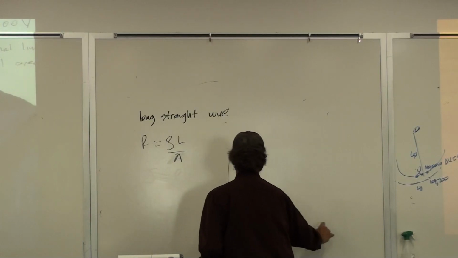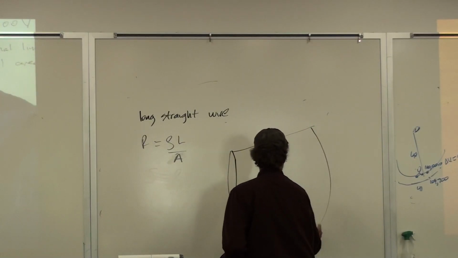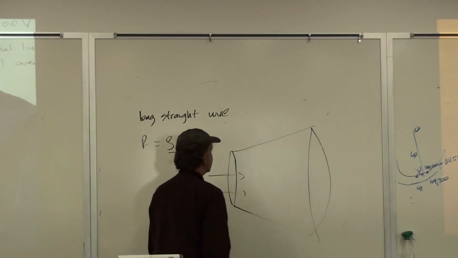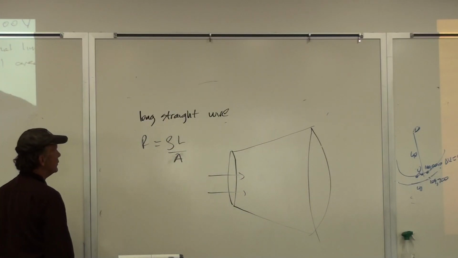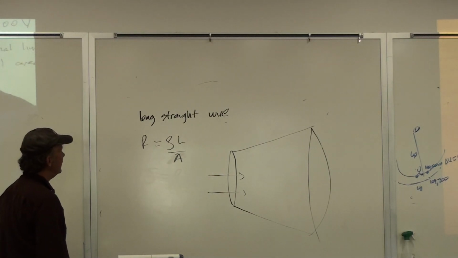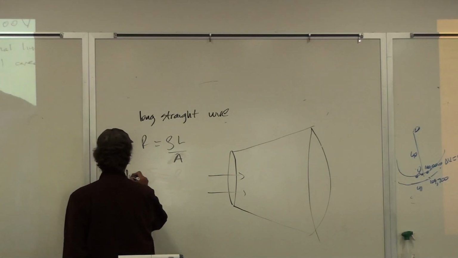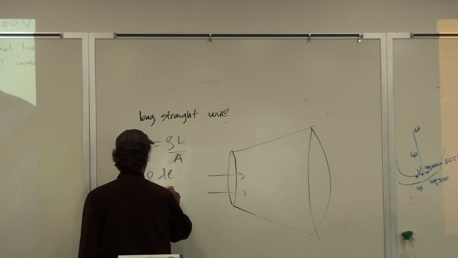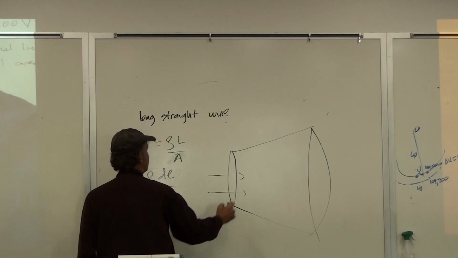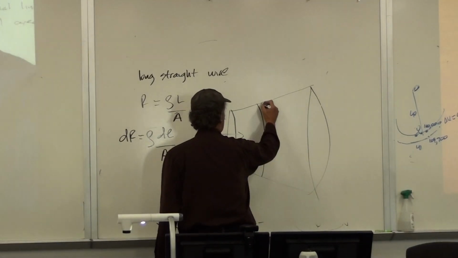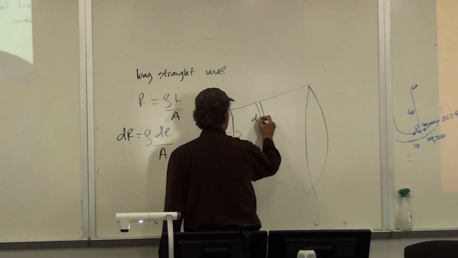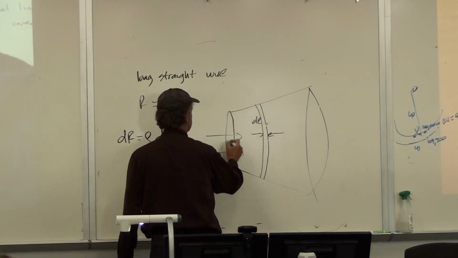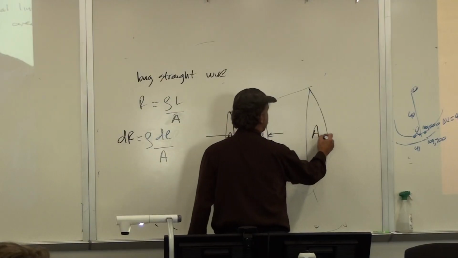Maybe we have a tapered resistor like this. So we have two different areas. And so the current density would definitely change, but the resistance associated with that would change too. So in this case, we could say dR is equal to rho dL over A, where dL is the distance that you move in the direction of current flow, over a varying area.